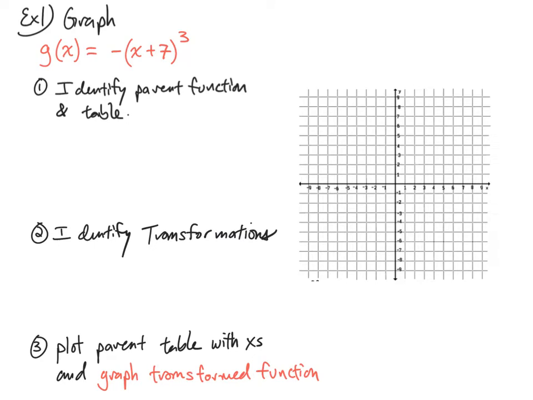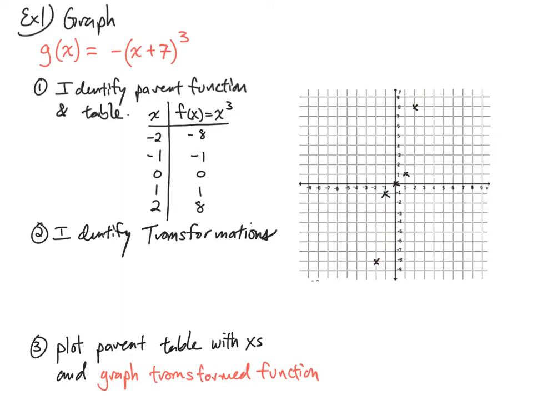Let's see, we had quadratic, square root, linear, no, it must be cubic. I see an exponent 3. So let's get the cubic function, parent function, and parent table down here. There we go. I've got the parent function sort of hidden in the parent table. I've got my x's over here where the graph should have been.